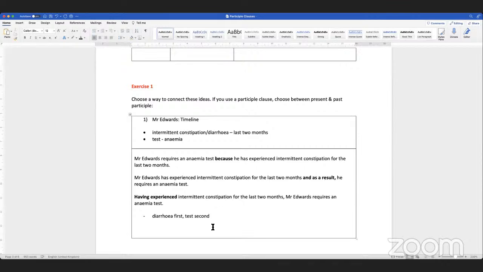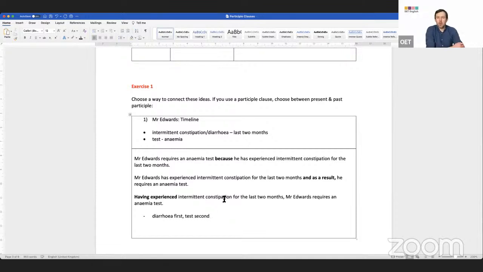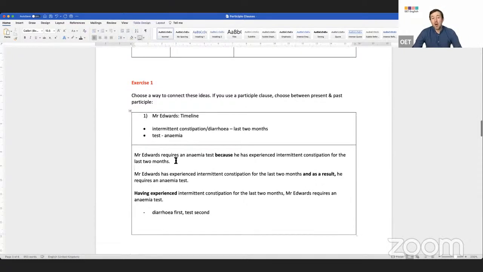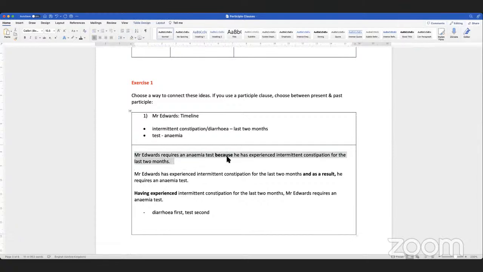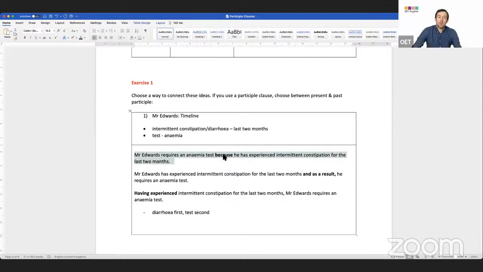Is it okay that we write the sentences as two separate sentences? Up to a point, yeah. For me, this is not complicated, and I don't think anyone examining an OET letter would think it was complicated.